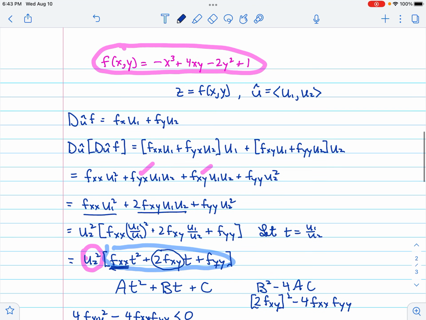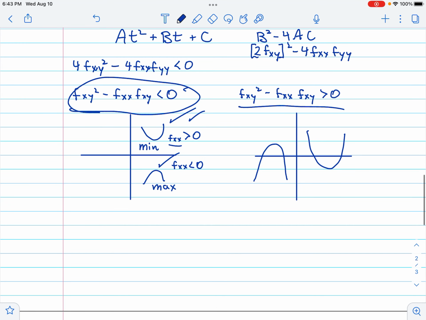Now, when that happens, we say we have a saddle point. A saddle point.